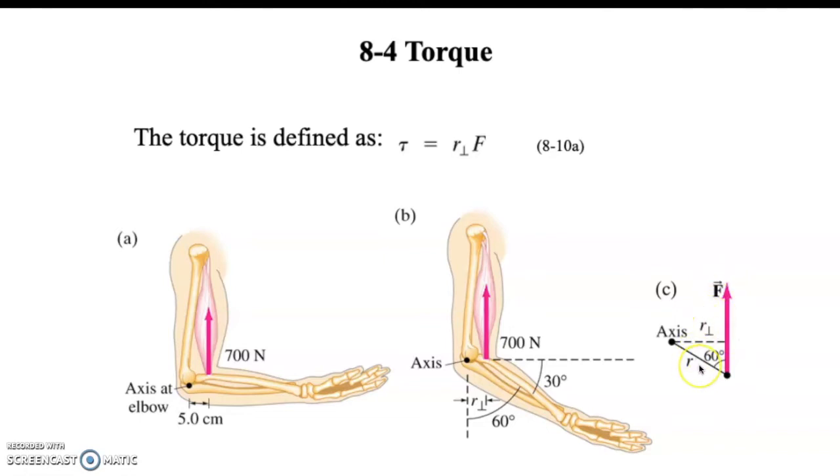So to find that radius, we would have to take our 5 centimeters, right? And then this would be our hypotenuse of our right triangle, because our right angle's here. So then we'd have to solve for that, okay? Solve for R using trig, and then take that R times our force, and that would be the torque at that angle.